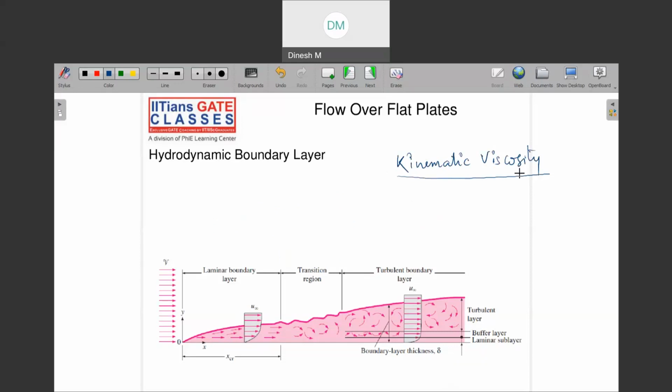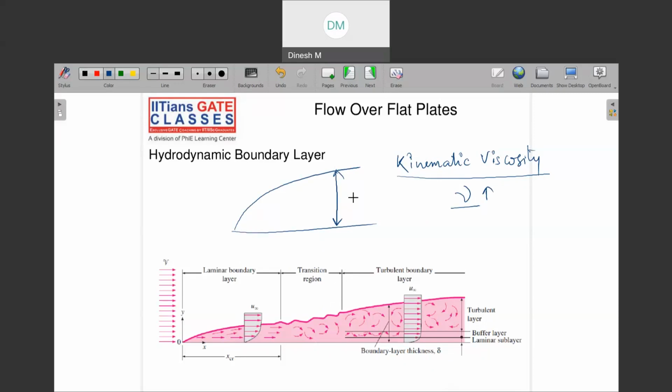Got the idea? So if your kinematic viscosity denoted by nu is higher, then it will be able to quickly diffuse its velocity. Then what will happen is that your thickness of boundary layer will increase. Why? Because if it is quickly diffusing, then the presence of this boundary layer will be felt to the higher regions in the direction perpendicular to the flow.